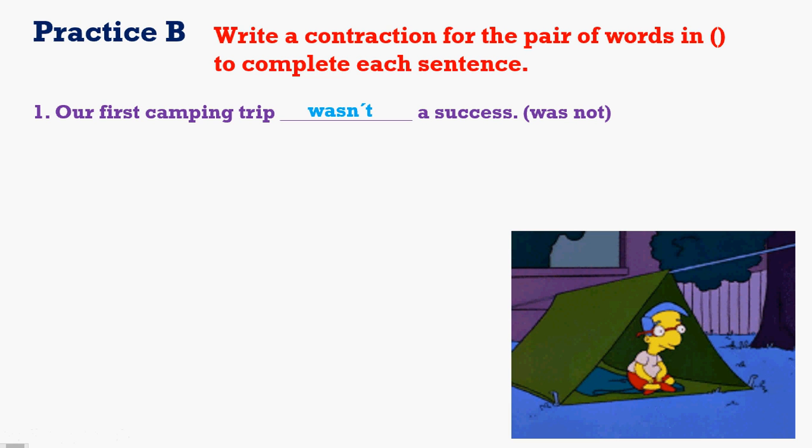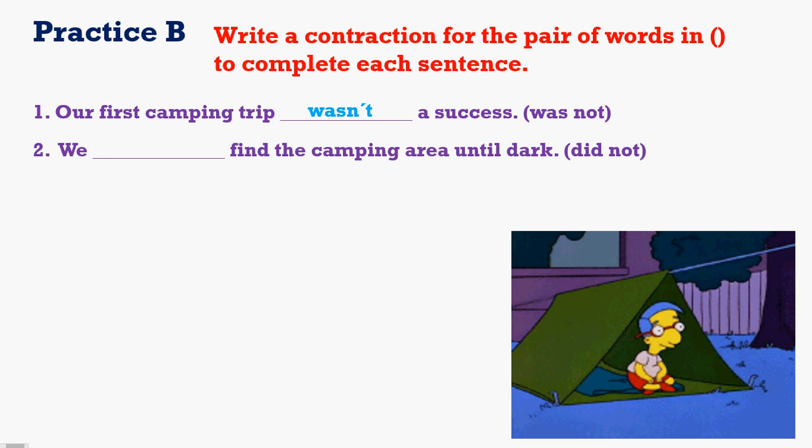Good job. Number 2, it says, we, space, find the camping area until dark. And the words we need to use are did not. The contraction for did not is, good job, didn't.